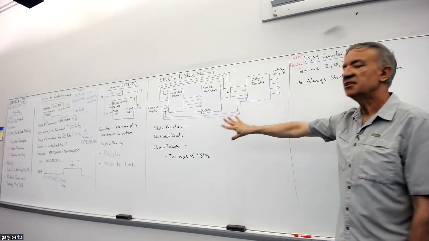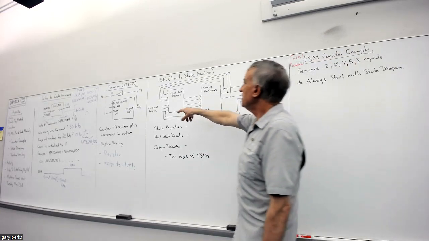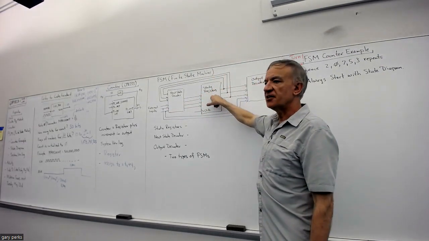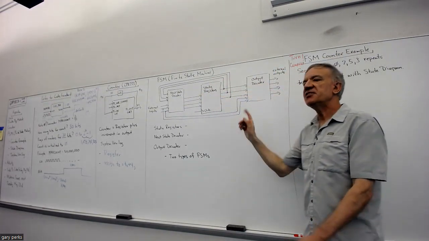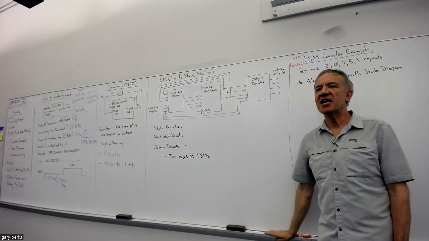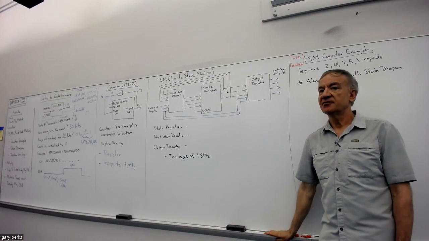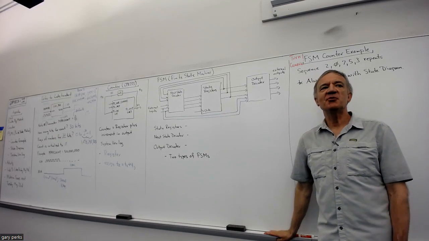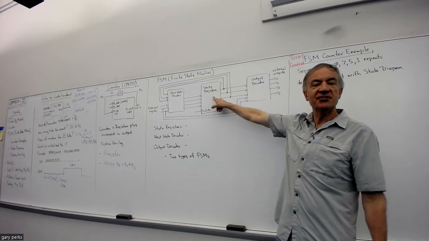So there's 3 main parts to an FSM. Okay, as you can see here. There's a next state decoder, there's state registers, and there's an output decoder. So out of these 3 blocks, one of them is sequential because one of them has memory. Which one is it? Is it the decoder? What would have memory? Registers, right? Remember registers? Registers have memory, right?